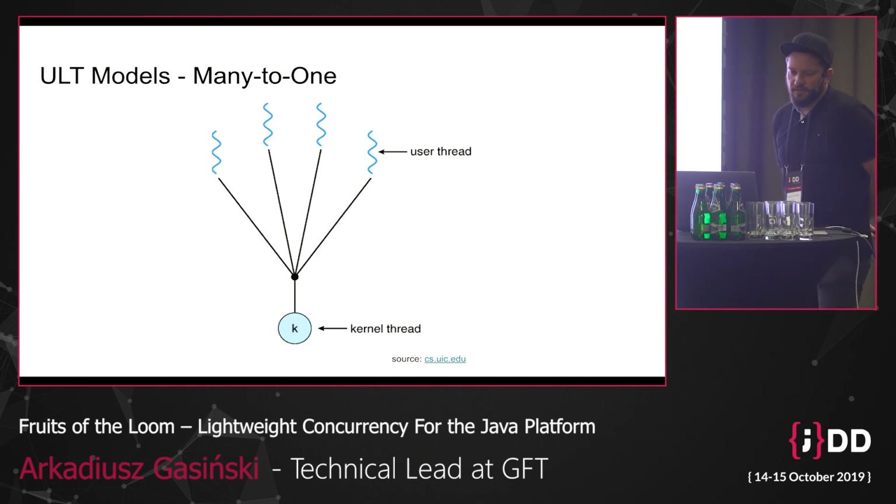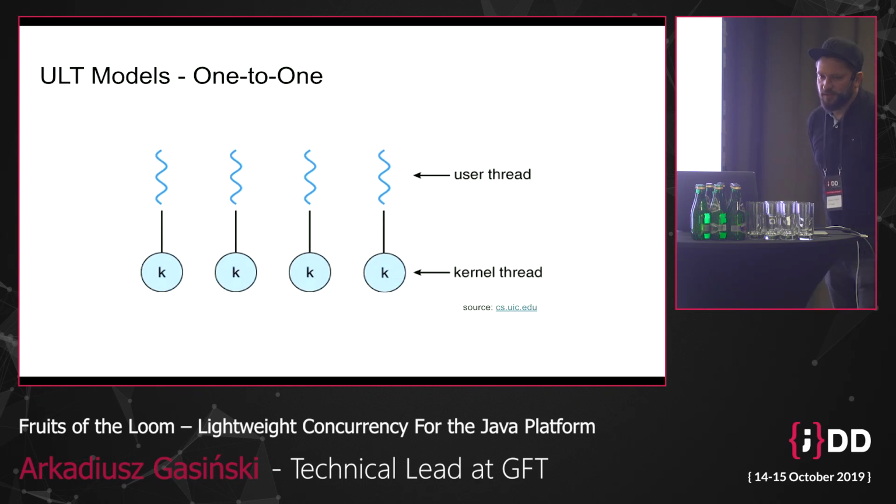So this is inefficient, and it also doesn't allow us to fully exploit the underlying hardware capabilities. Even if we had multiple CPUs, we have only one kernel thread, and we can't use more than one CPU or more than one core. Actually, this model was used by the first version of threads in the early Solaris version of Java. It was called green threads.